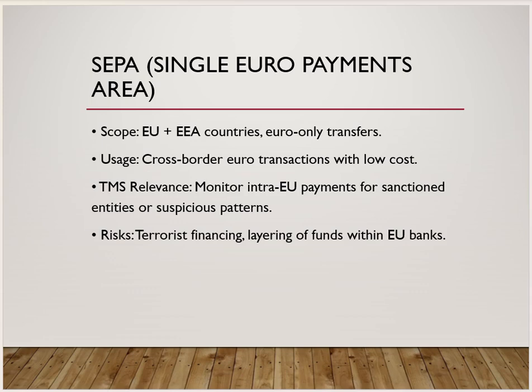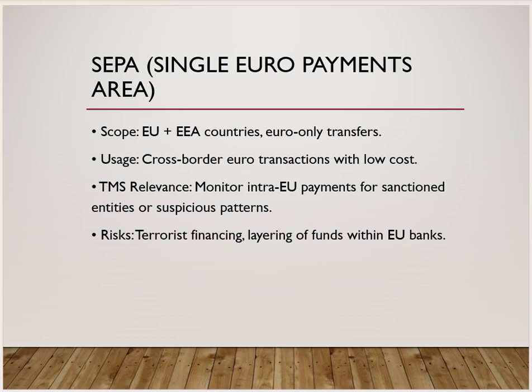Okay, and the transaction monitoring relevance of the Single Euro Payments Area is monitoring intra-EU payments for sanctioned entities and suspicious patterns. We continuously do name screening and identify whether the payment receiver or the payment sender is on the sanctions list, or is doing terrorist financing, or whether the fund is used for illicit activity.